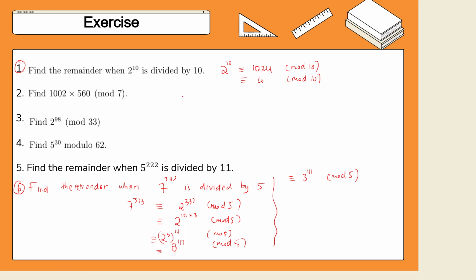Jadi find the last digit of a number like 11 raised to 11, kayak gitu ya. Jadi kalau questionnya asking you about last digit, just keep in mind that that is the same question as finding the remainder when a number is divided by 10 ya. This one, berarti belum apply the theorem ya.